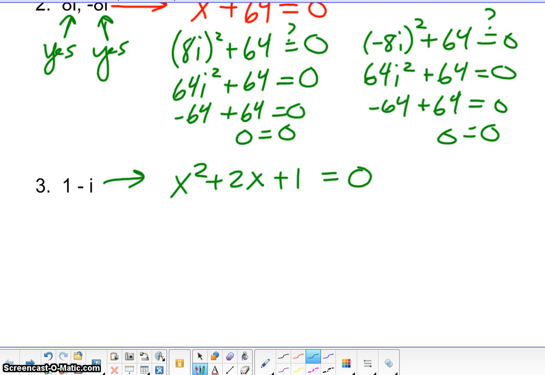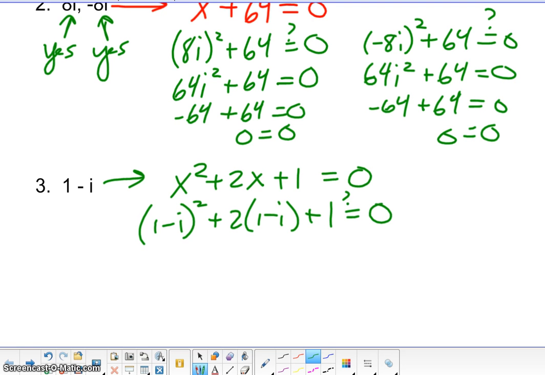Okay, now this one can be a little more tricky just because there's more to plug in. But we have to plug the whole thing in, 1 minus i squared plus 2 times 1 minus i plus 1, and we're trying to figure out if it equals 0 or not. So, like it or not, we're going to have to do a little foiling because there are 2 of them. So I'm just going to write it off to the side.